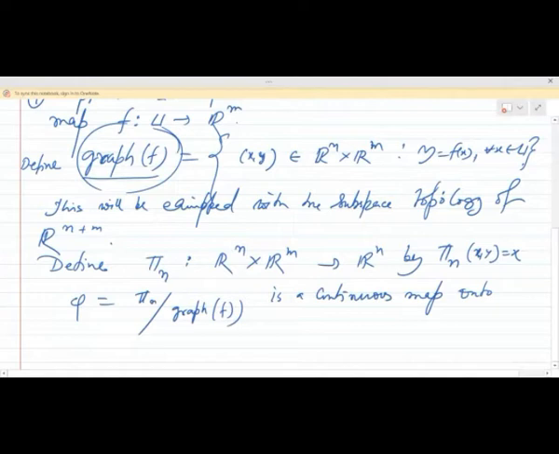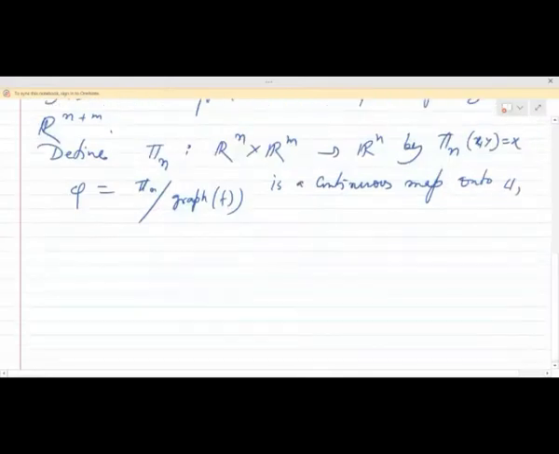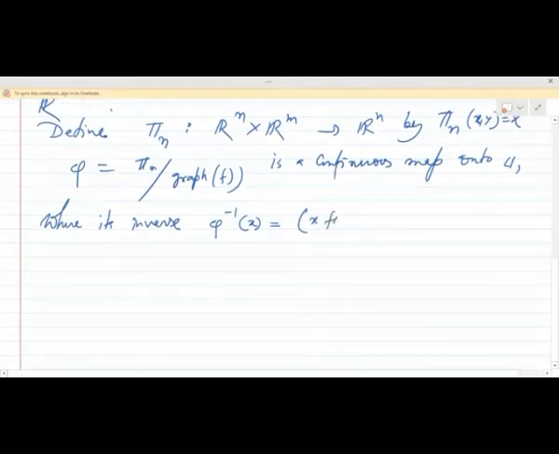onto U, where its inverse is given by phi inverse of x equals (x, f(x)), on the open set U. So this phi inverse is a continuous map of U to Rn cross Rm.